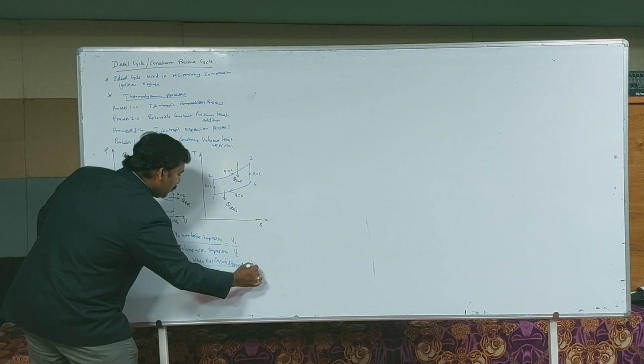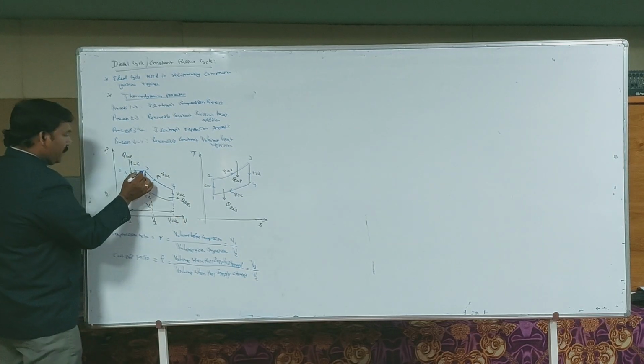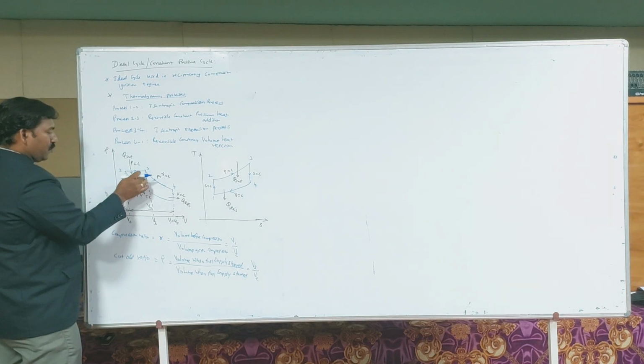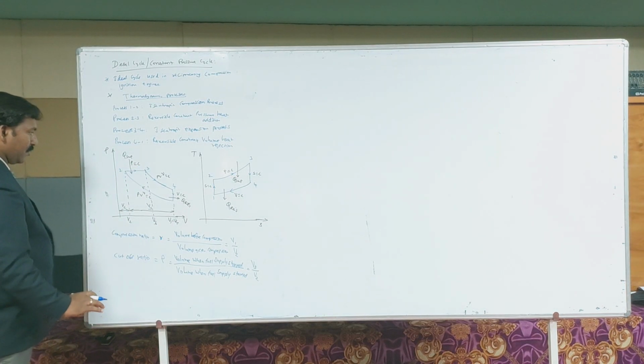So we can say V3 by V2. Here the fuel supply stops and here the fuel supply starts. So V3 by V2 is the cutoff ratio.